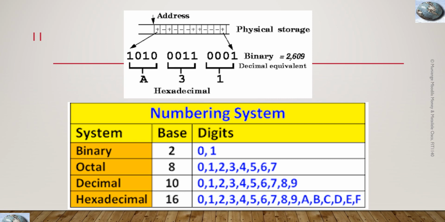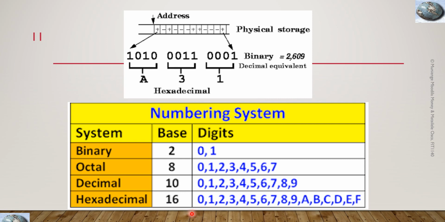In our previous lecture, I told you that now we are going to do the conversion. On our lecture notes, I'll show you that we have number systems: binary, octal, decimal, and hexadecimal. Binary is base 2, octal is base 8, decimal is base 10, and hexadecimal is base 16.